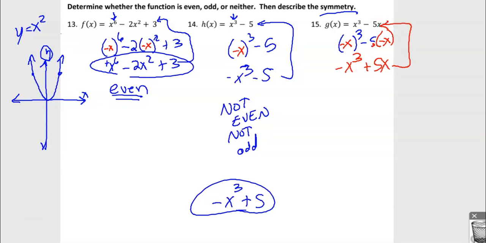So whenever you plug in a negative x and you get the opposite, then you know it's an odd function. Odd functions are symmetrical about the origin. So if it's an even function, it's symmetrical about the y line, the y-axis, and if it's an odd function, it's symmetrical about the origin.